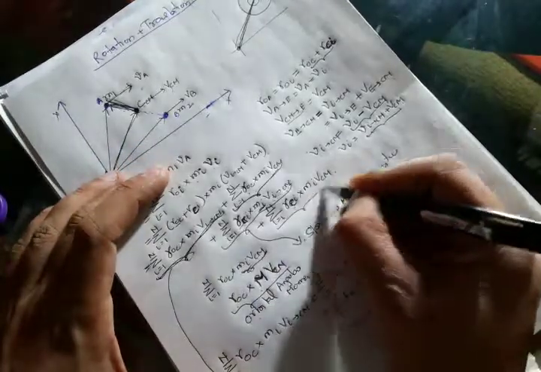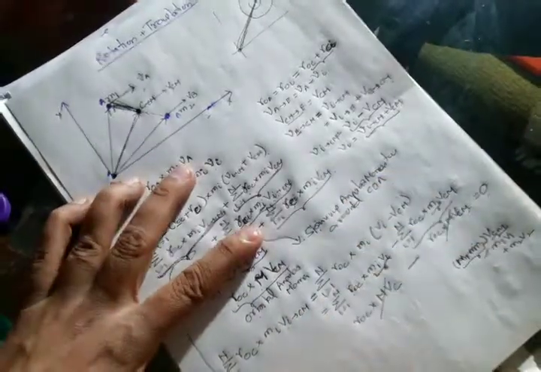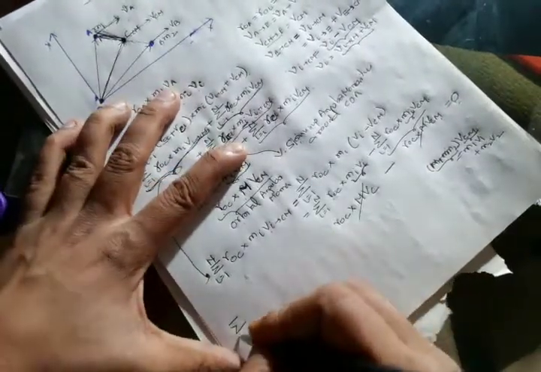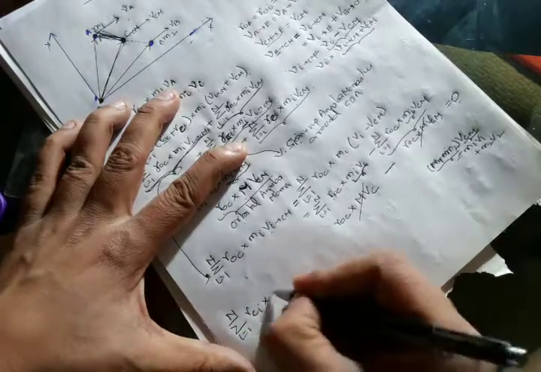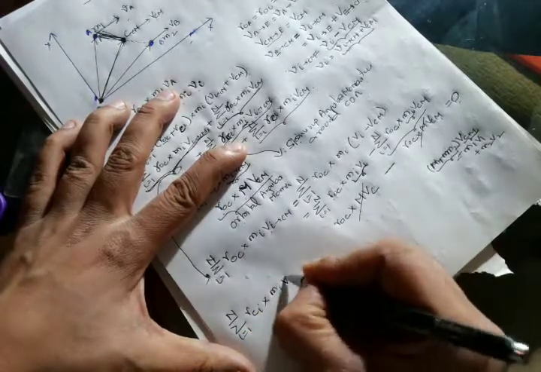Now let's check out the fourth part. That was sigma i equals 1 to n R_CI cross m_i v_CM.